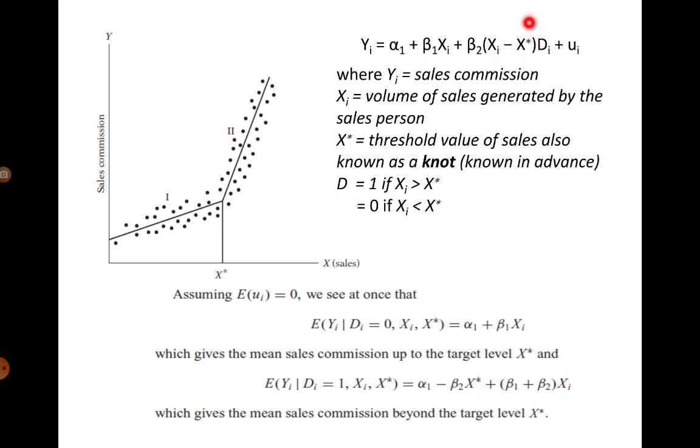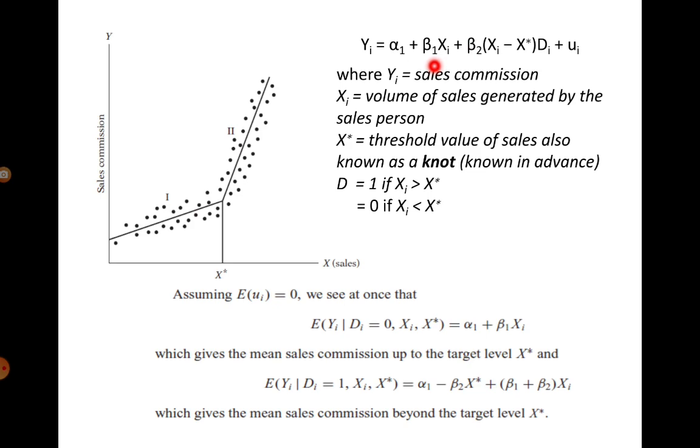So if you take the mean sales commission, alpha 1 plus beta 1 xi will be your mean sales commission as long as your sales is less than target level or threshold level X star.